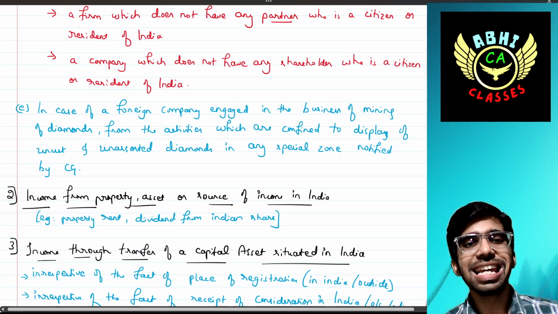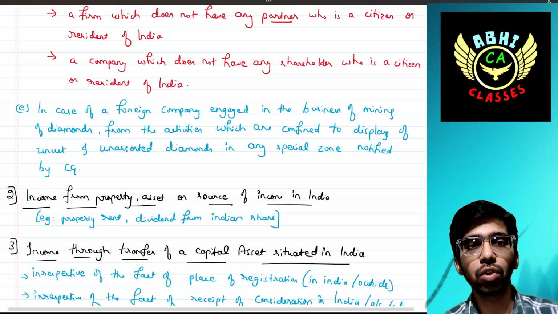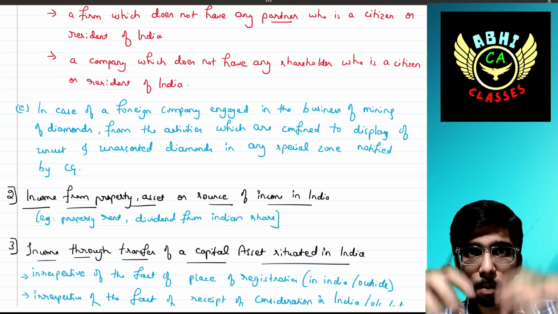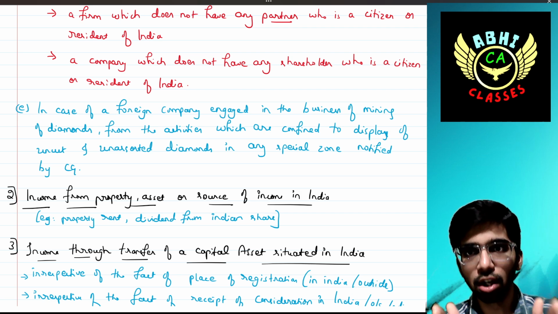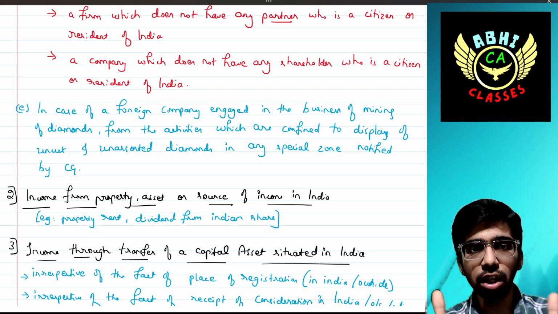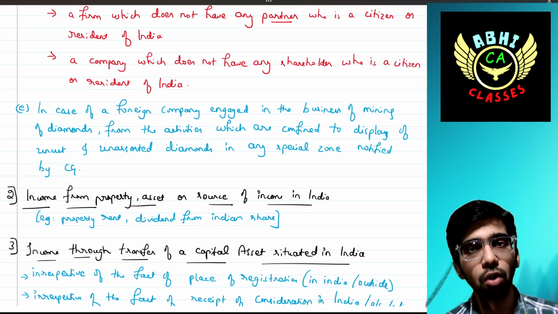Next category, in case of a foreign company engaged only in the business of mining of diamonds, from activities which are confined to the display of uncut or unassorted diamonds in any special zone notified by the central government.